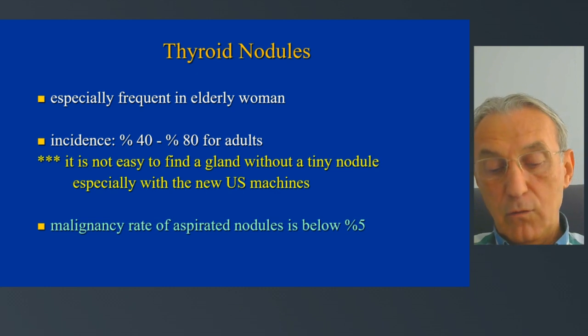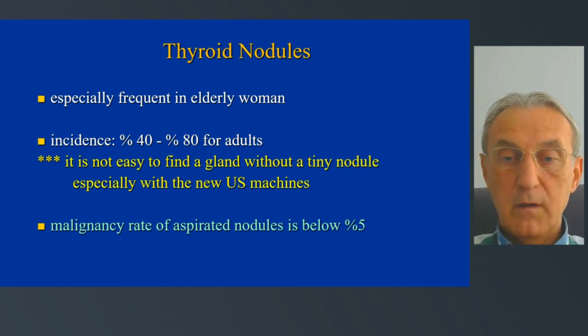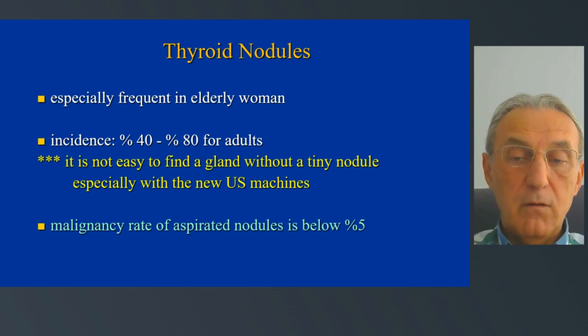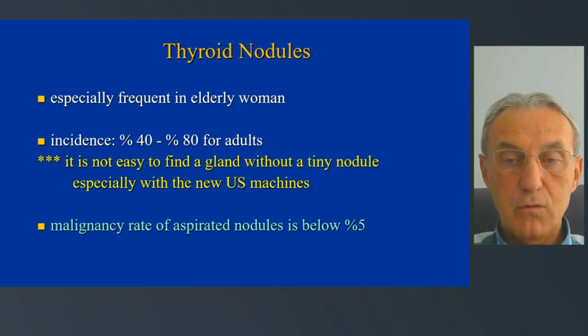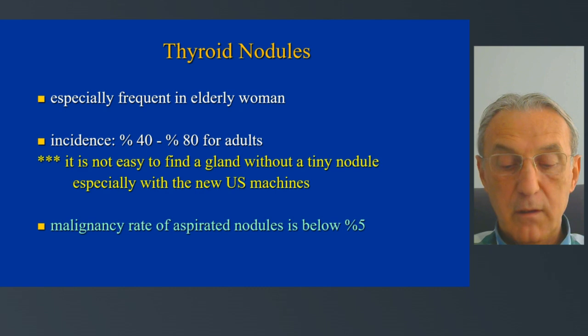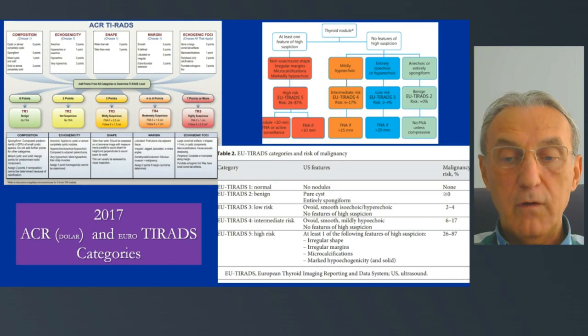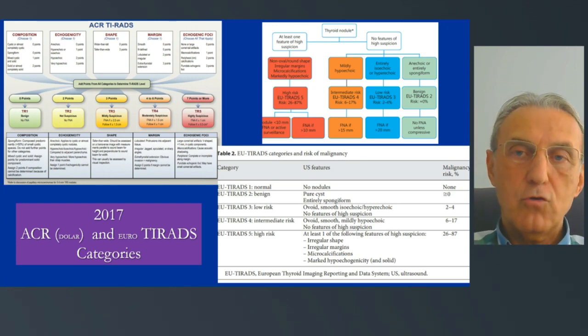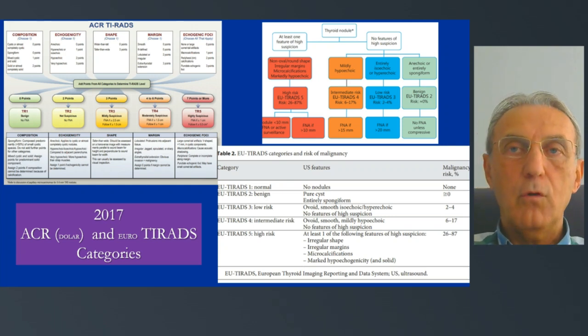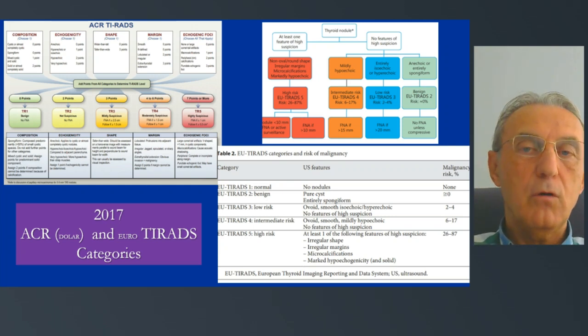Especially with the new machines, we can say that the incidence is quite high. But we know that the malignancy rate of these nodules is quite low and usually below 25%. We must do something. More than 90% of these thyroid nodules are not malignant, so we must stop following up, or we must not biopsy all these nodules.